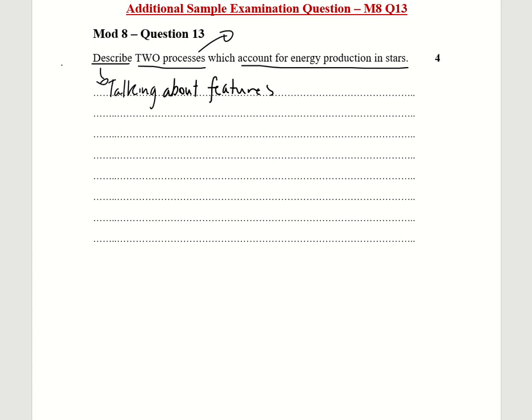We're talking about two processes that will generate energy in the stars. The two processes we talked about are the proton-proton chain and also the carbon, nitrogen, oxygen cycle. In terms of energy production, that's due to mass-energy equivalence. So that's what we have here.